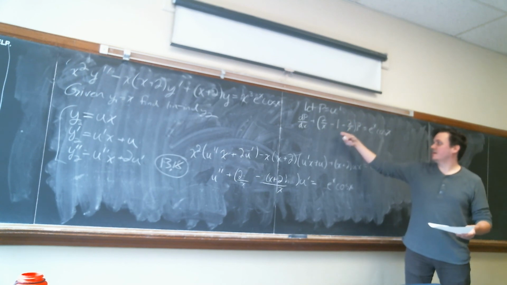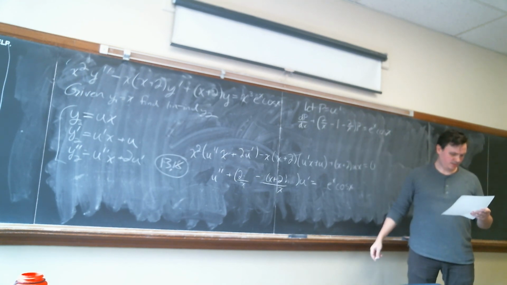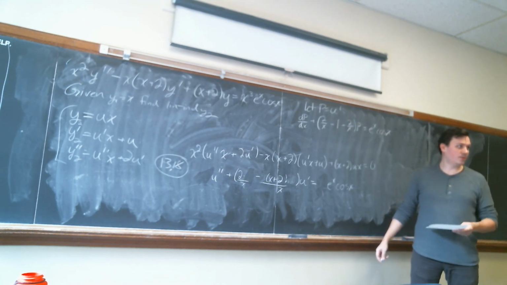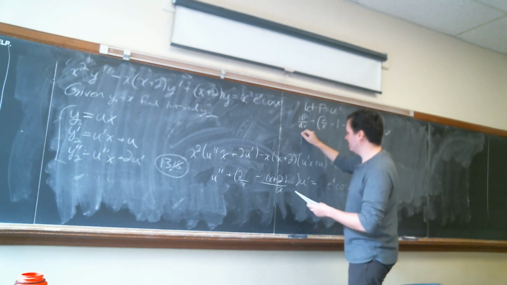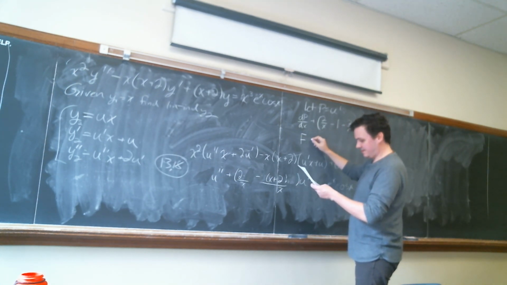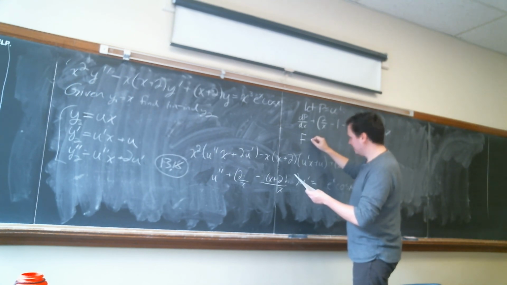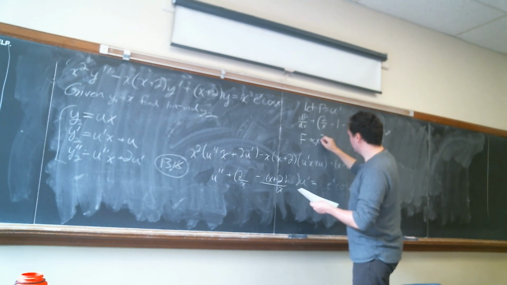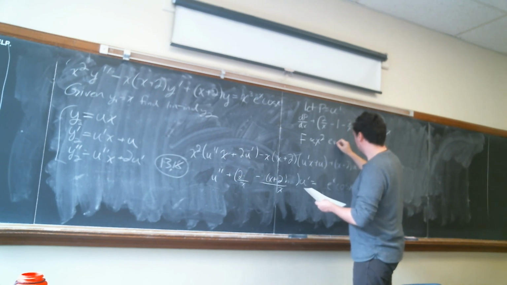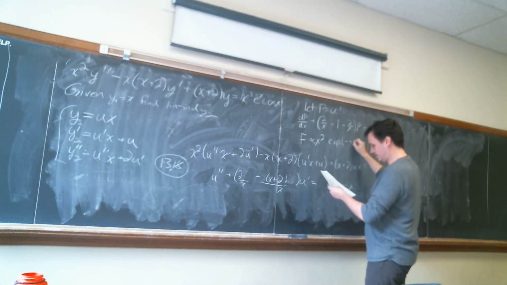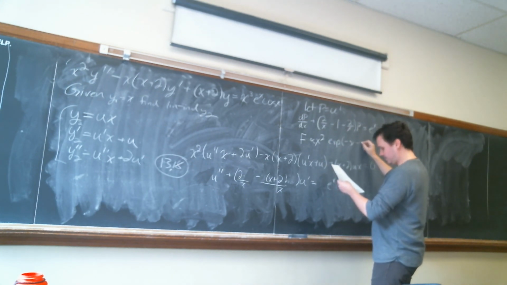These go away, so we get a minus 1 here. If we look at what our integrating factor would be, we'll call that f. That just goes as... I skipped this step in my mind.